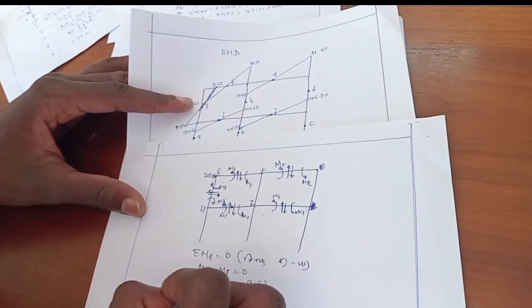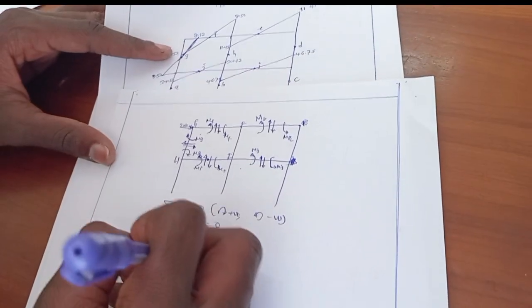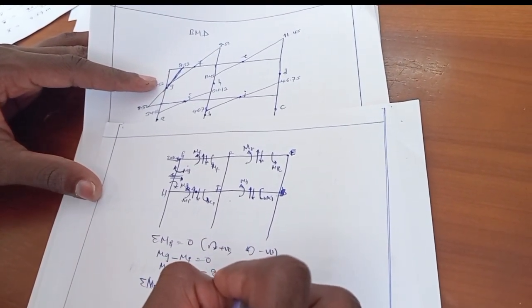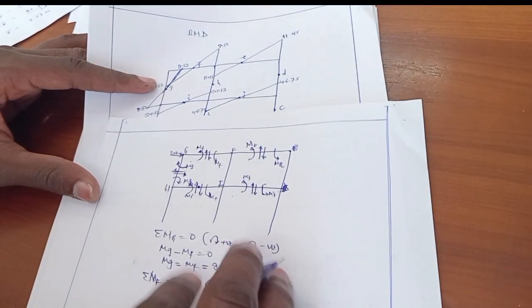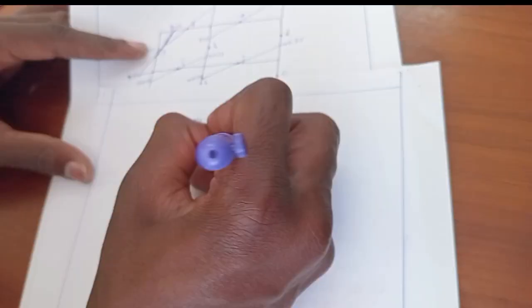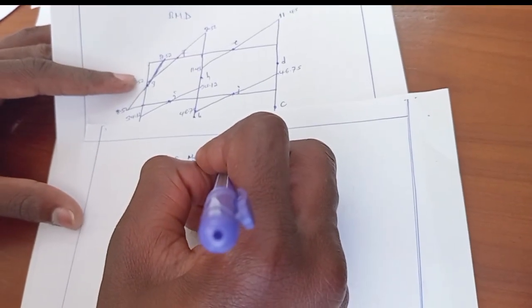Summation of moment at ridge joint F is equal to 0. Clockwise positive, anti-clockwise negative. So at this point also, this is MH.